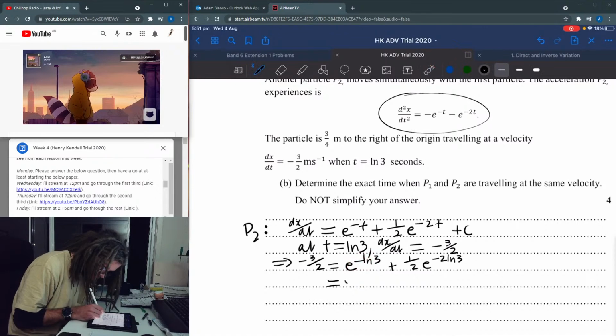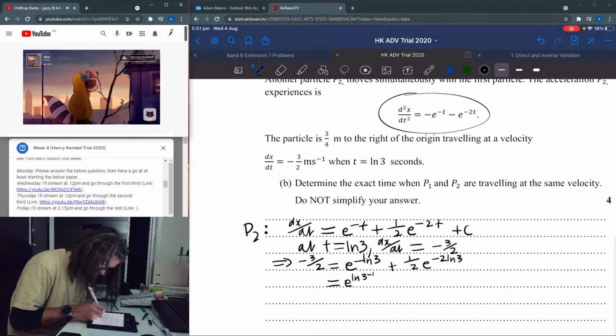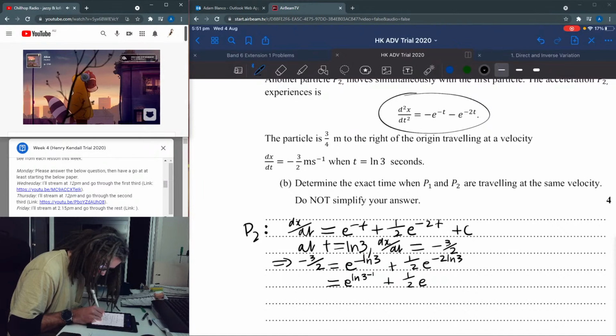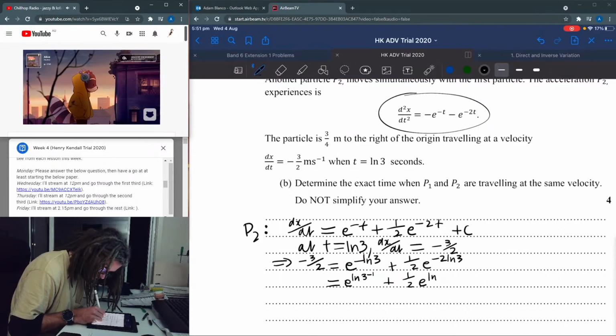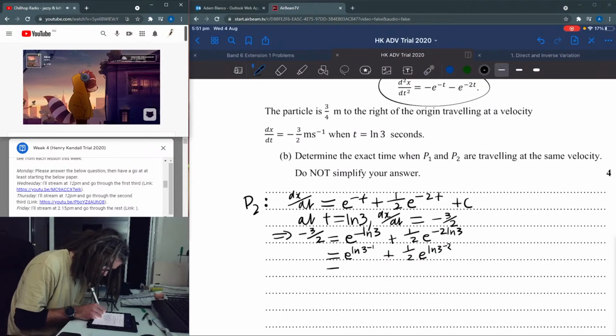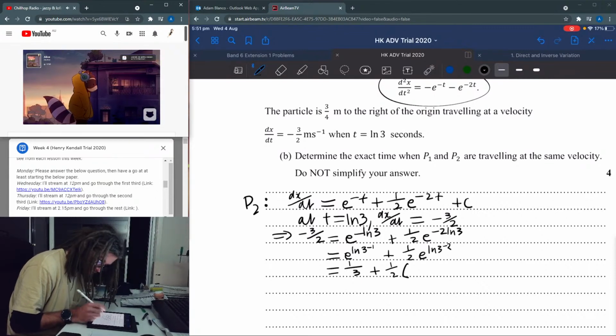So I'm going to rewrite it as e to the ln 3 to the minus 1, so when you've got something on the outside of the log, it becomes a power, plus 1/2 e to the ln 3 to the power minus 2, so I'll move that minus 2 up. Okay, this is equal to, so now they can go, that's just 3 to the power of minus 1, which is the same as a third, plus 1/2, 3 to the minus 2 is the same as 1 on 3 squared, which is 9.